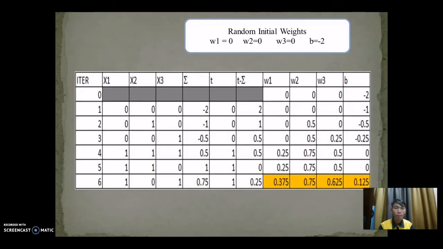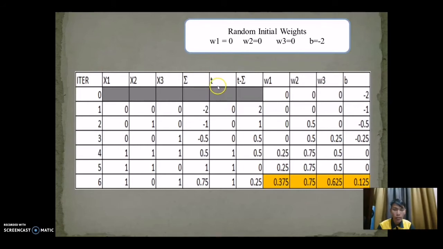So this is the table for the Adeline algorithm. Firstly, the random initial weight is W1 equal to 0, W2 equal to 0, W3 equal to 0, and B equal to -2.